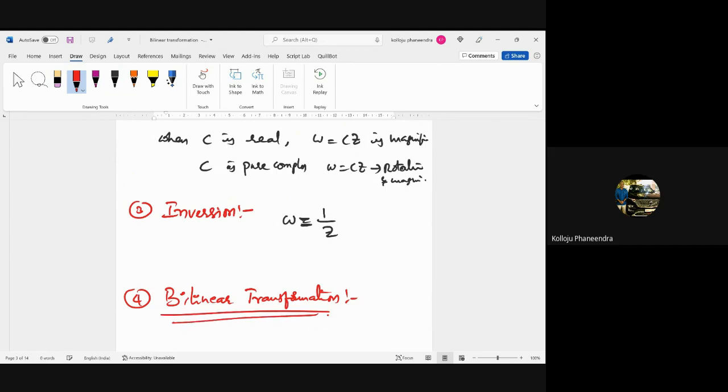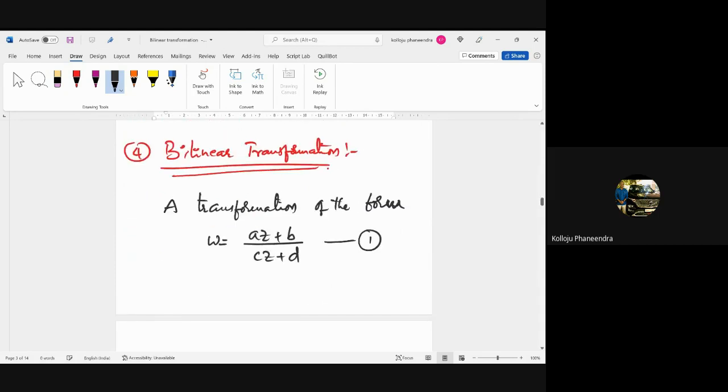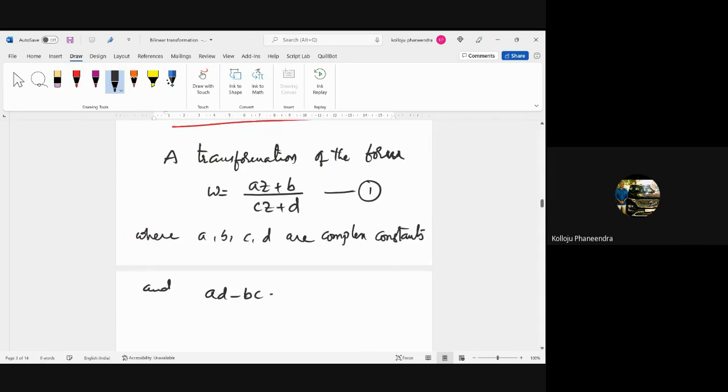Now, what is a bilinear transformation? It is a transformation of the form W equal to f of Z, where f of Z is AZ plus B by CZ plus D, where A, B, C, D are complex constants, and another condition is AD minus BC not equal to 0.